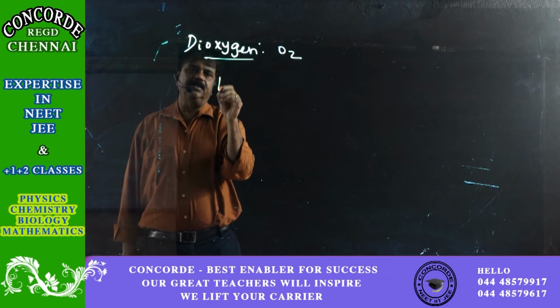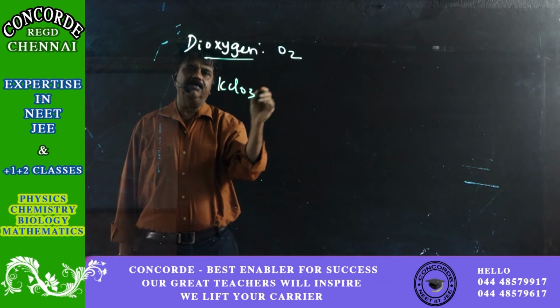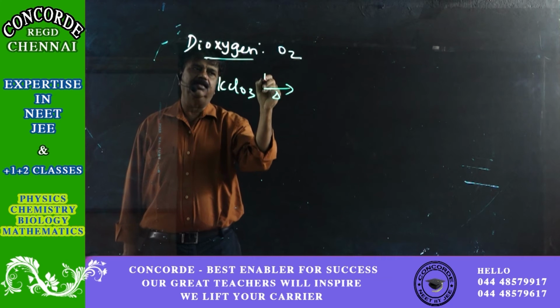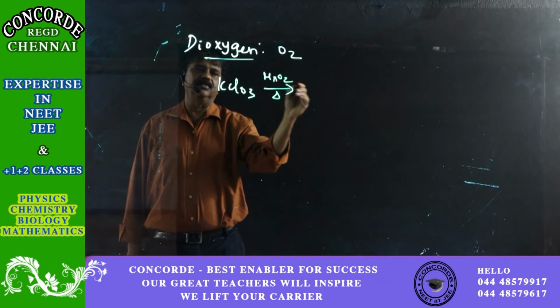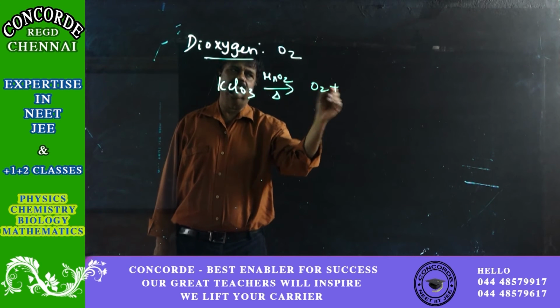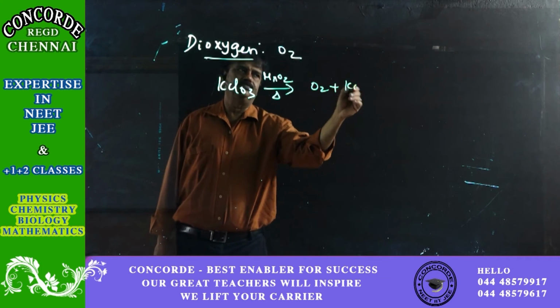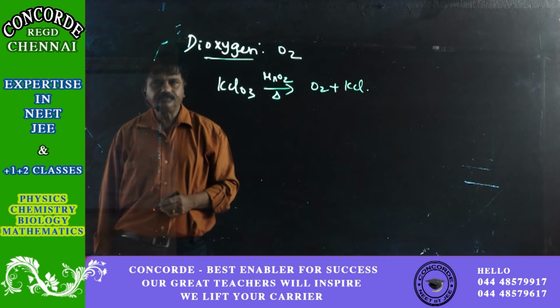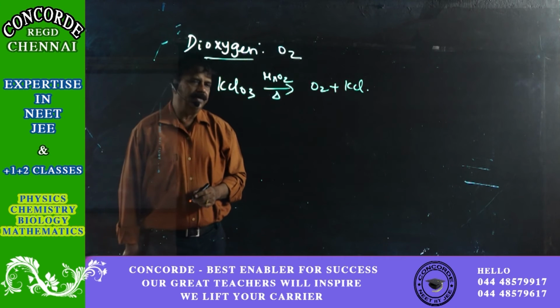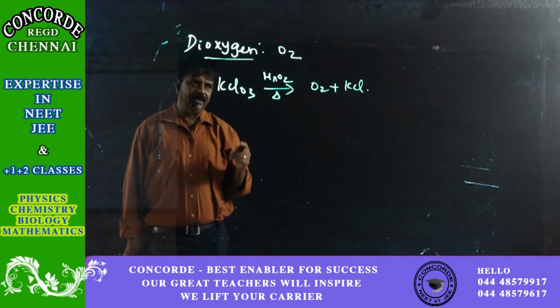Dioxygen is prepared in the laboratory by heating potassium chlorate with manganese dioxide as a catalyst.